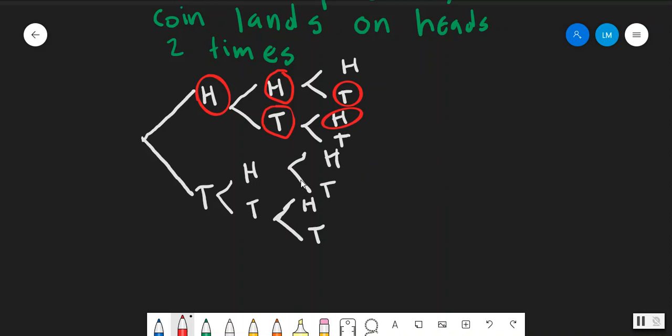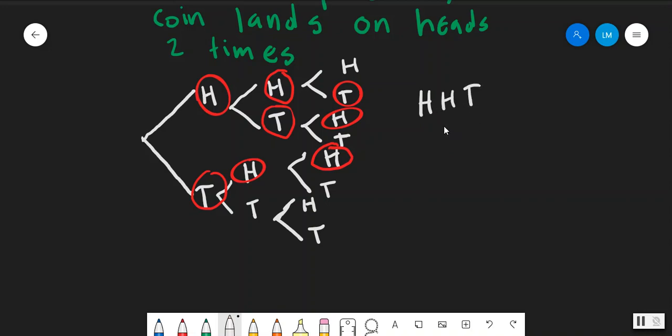And then we have that it could also be tails, heads, and heads. Now, note that that would be it in terms of the chain of outcomes or total outcomes, because notice that one possibility is that it could be heads, heads, or tails.